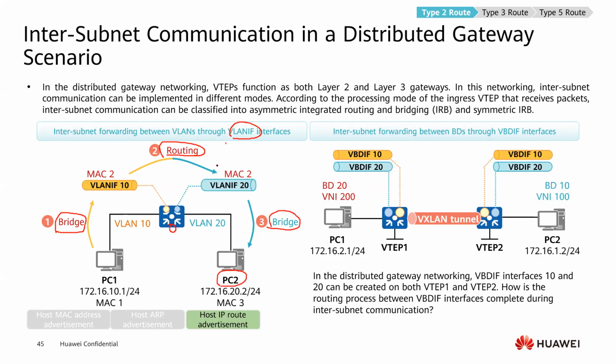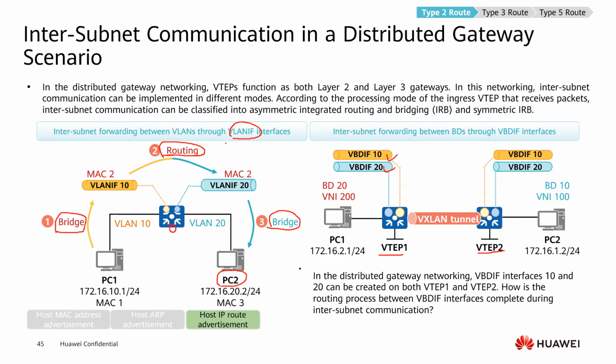But now there is a problem. The problem is that we have the distributed gateway. It means VTEP 1 and VTEP 2 can both have VBDIF 10 and VBDIF 20. So if PC1 wants to communicate with PC2, first PC1 will send the packet to its gateway, which is VBDIF 10. But we know that between VBDIF 10 and VBDIF 20 we need to do the routing process.